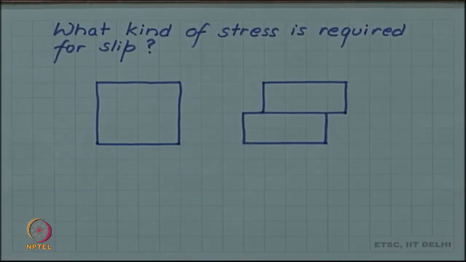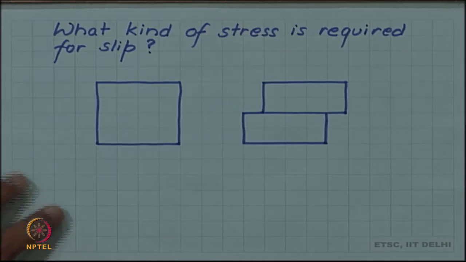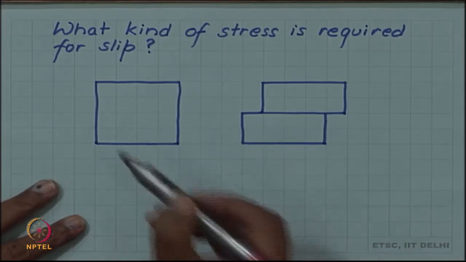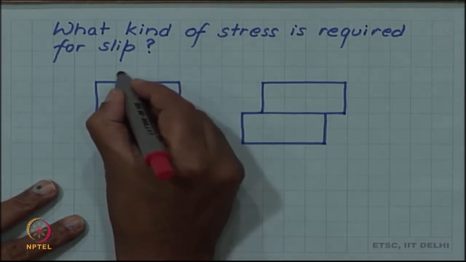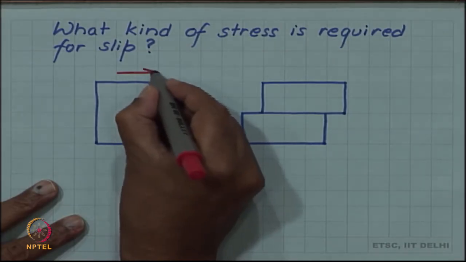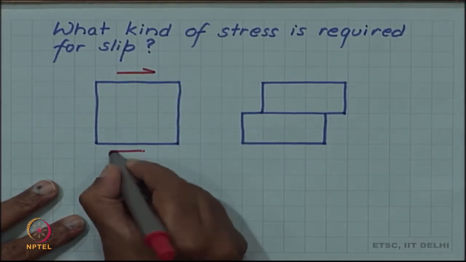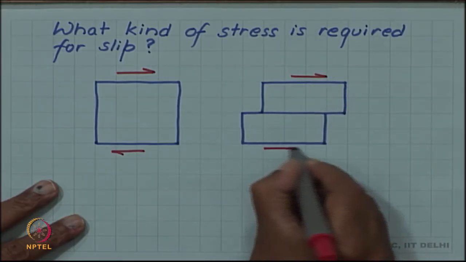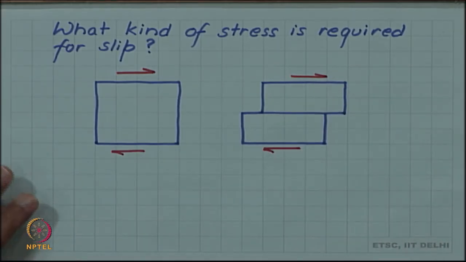Now, the question is what kind of stress will be required. If this is the basic mechanism, what kind of stress will cause this deformation to happen? We can see that for slip to happen, the required stress will be a shear stress. You have to apply a shear stress on the slip plane in the slip direction for slip to happen.